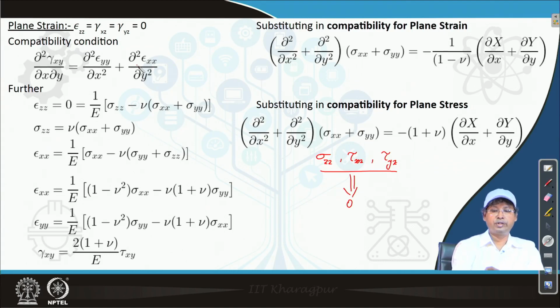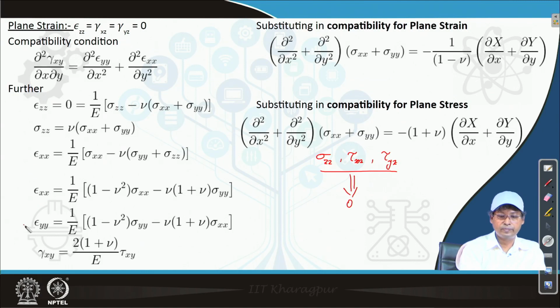Once we get the equations in terms of stress, then with a little modification of the equilibrium equation with respect to the surface forces, we can find the equation listed here as the plane strain condition.